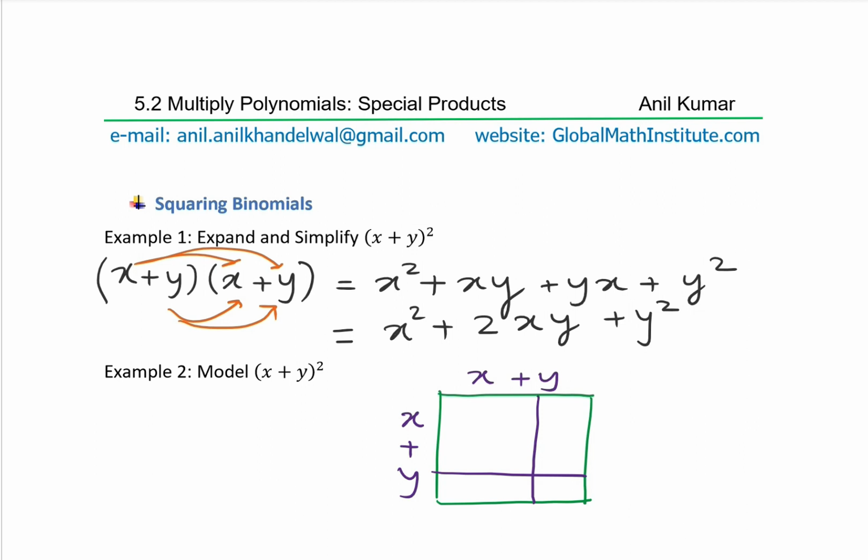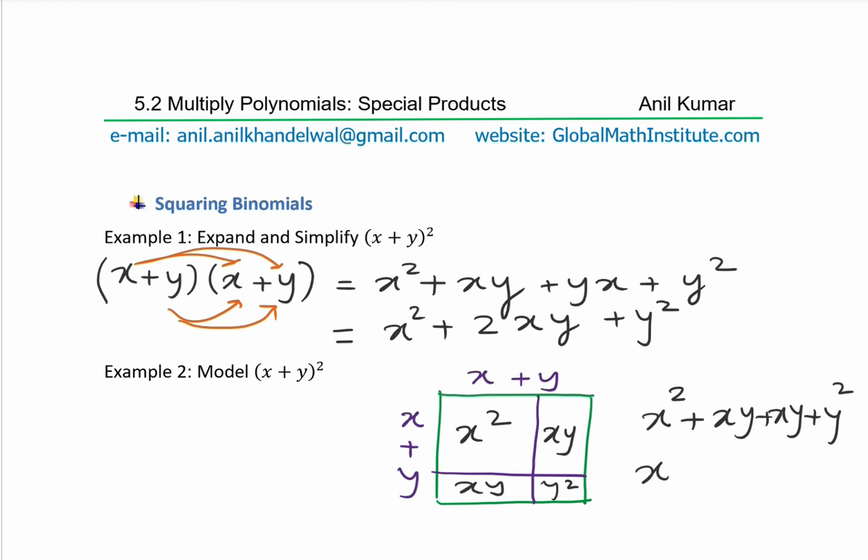Now, when you multiply x and x, we get x squared. When you multiply x and y, we get xy. Multiplying y with x is also xy, and y times y is y squared. Clearly, from this tile itself, we get our result, which is x squared plus xy plus xy plus y squared.